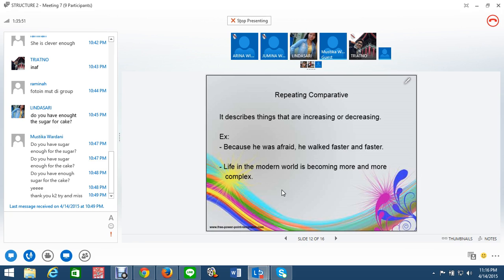Okay, I want to ask you. Please write down the sentence that I'm going to say. Her English is improving. It is getting good. So underline good. You have to change good into a repeating comparative.